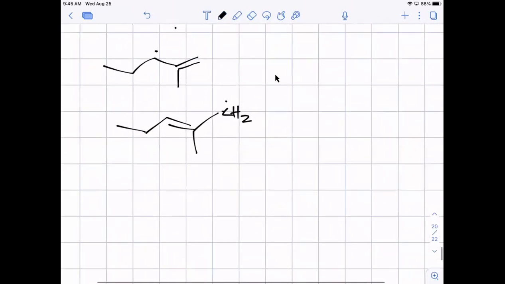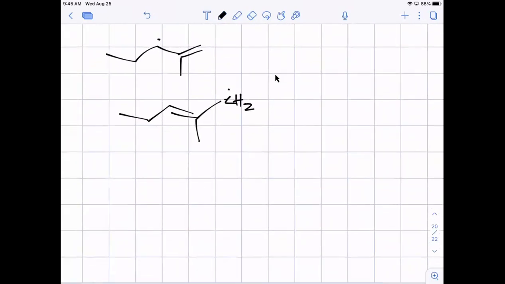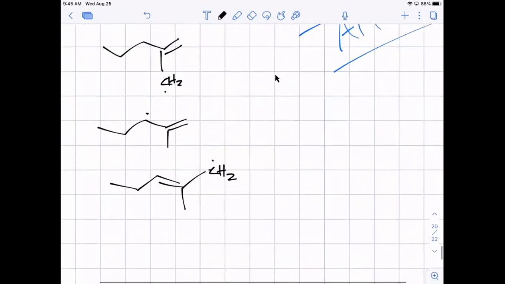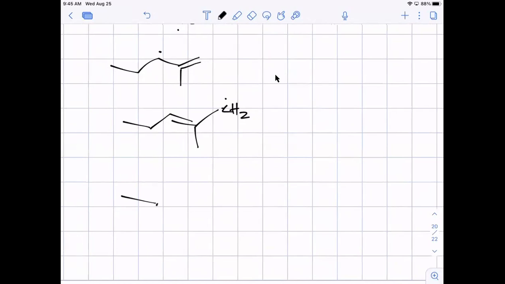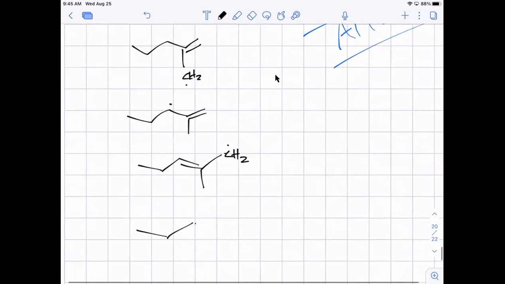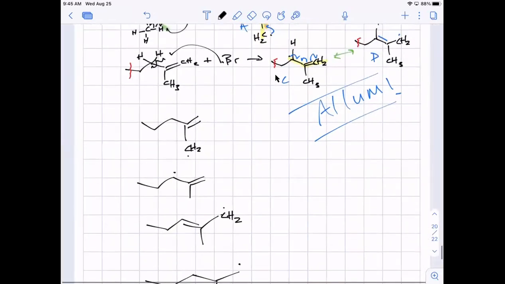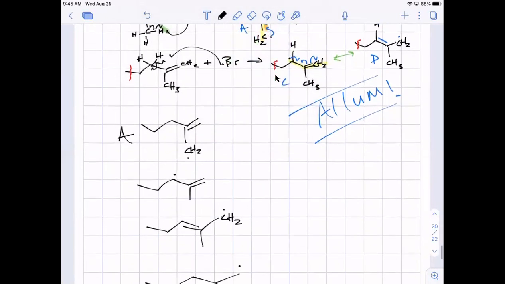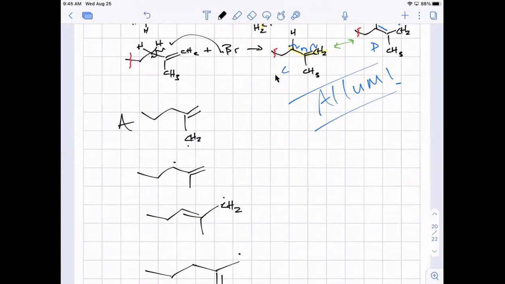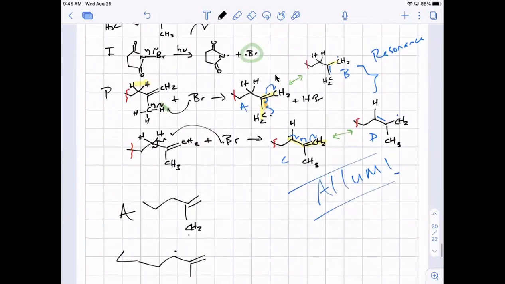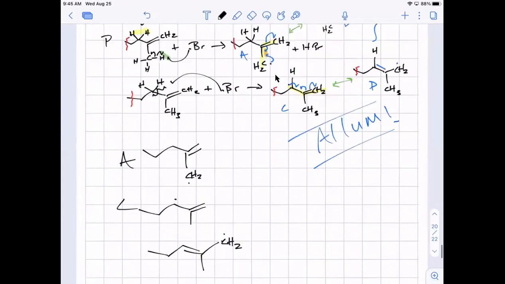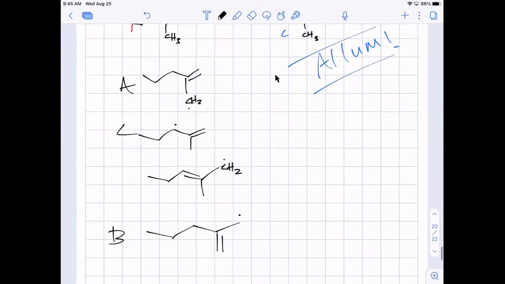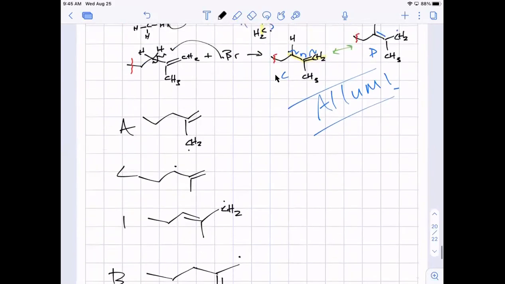And then this is also a resonance. Is that right? This is A. And then this would be, I'll call that one C. This is B. Where's B? B. And then this is D. Yes, no?